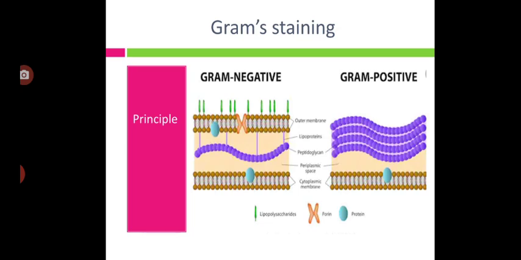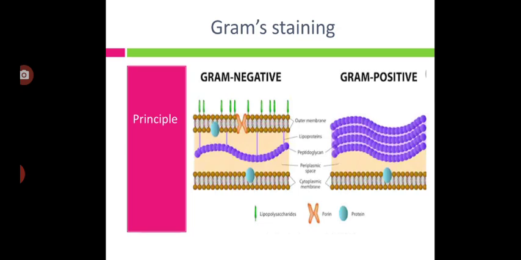Coming back to the gram positive bacteria, when the decolorizer, which is alcohol based, is added, it will dehydrate the peptidoglycan layer, and thereby all the pores of the peptidoglycan layer get tightened, not allowing the crystal violet stain which has entered inside to come out.